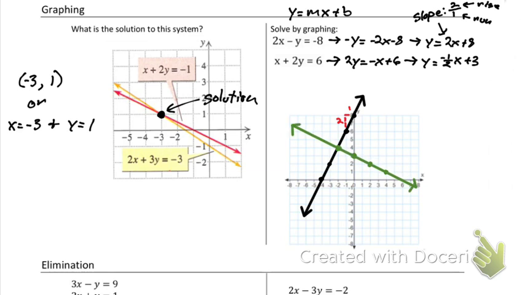And so that line is right there. So the solution to this will be where the two lines intersect. They intersect right here, and that's going to be the point -2, 4. Or you could say x equals -2 and y equals 4.